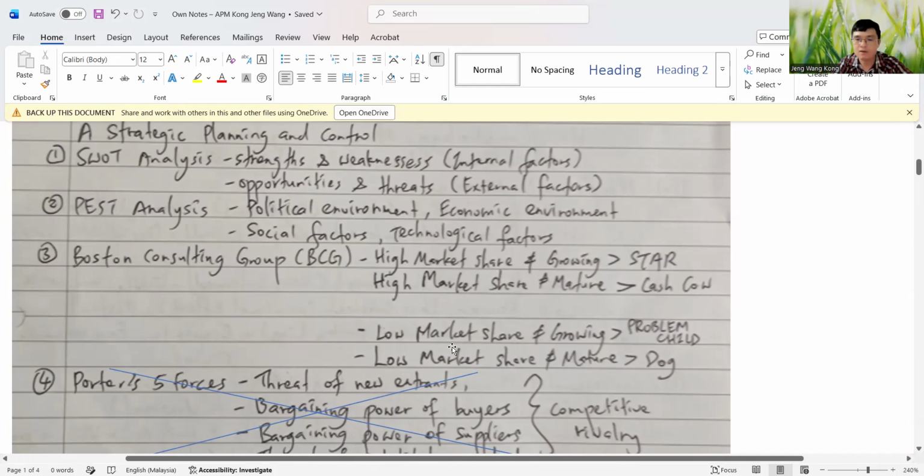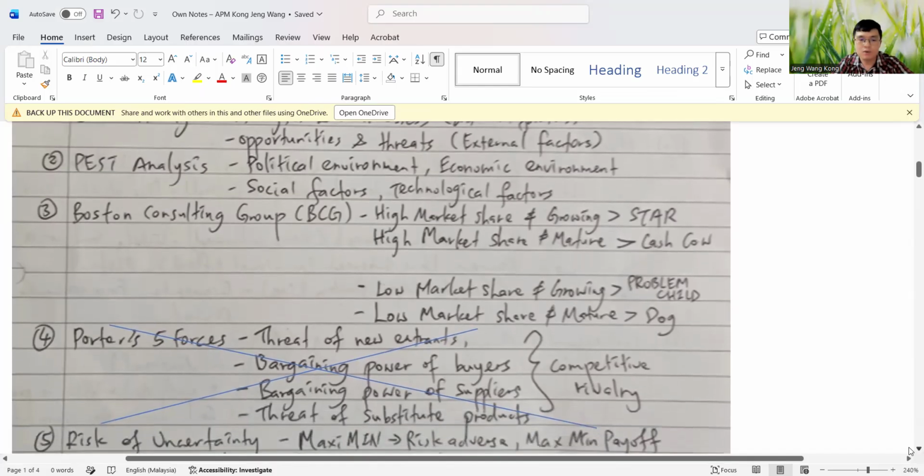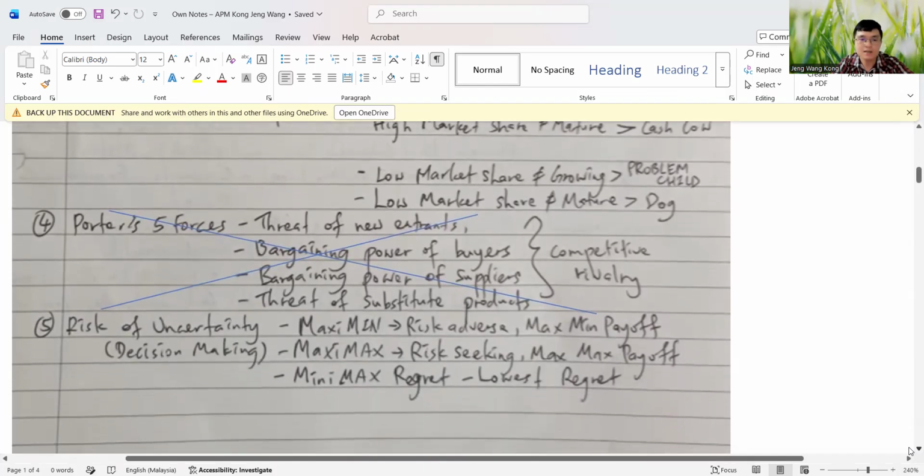Low market share but on the growing side, it will be called problem child. Low market share and at the same time mature, then it's categorized as dog. So let's go to the next one.